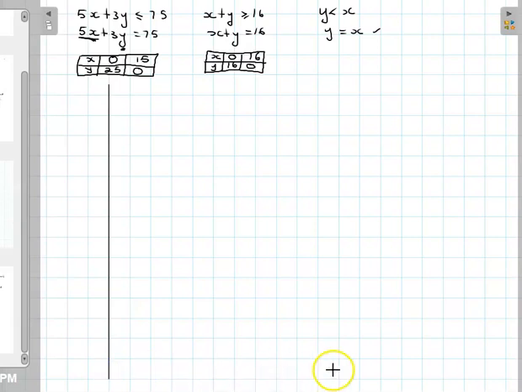Drawing my graph now. Okay, right, so let's label it quickly.